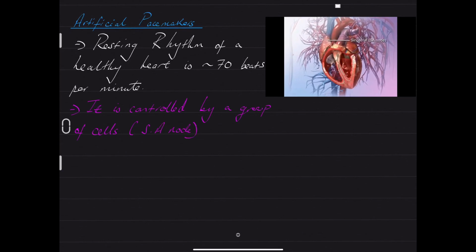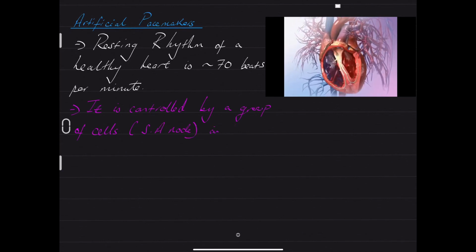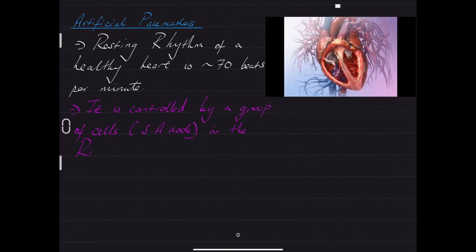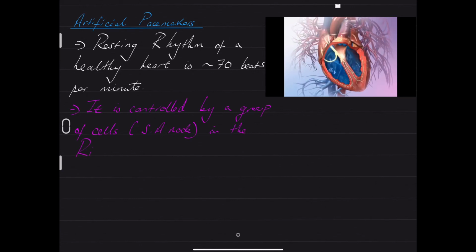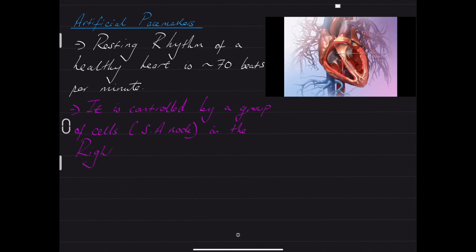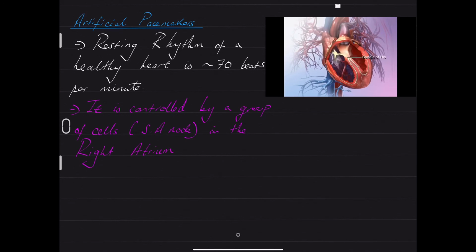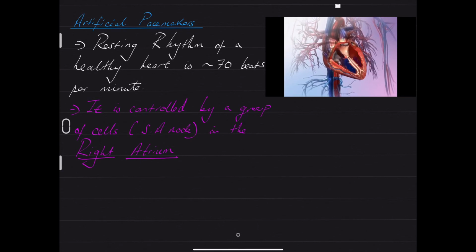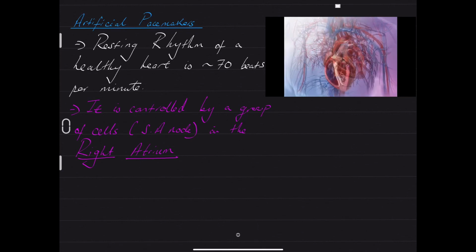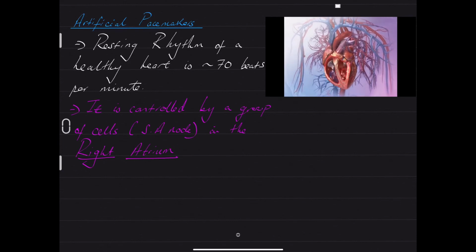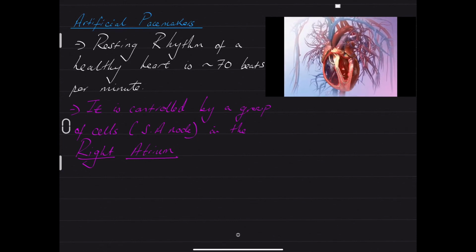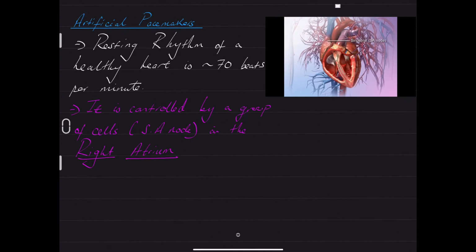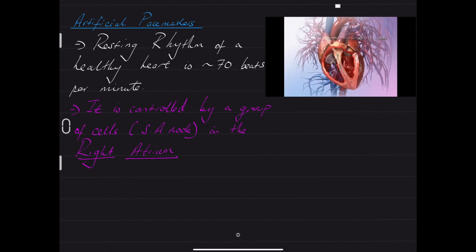It is controlled by a group of cells in the right atrium. Okay, so by a group of cells in the right atrium. Now, the SA node, or these group of cells in the right atrium, are known as the natural pacemaker. So it's known as the natural pacemaker.